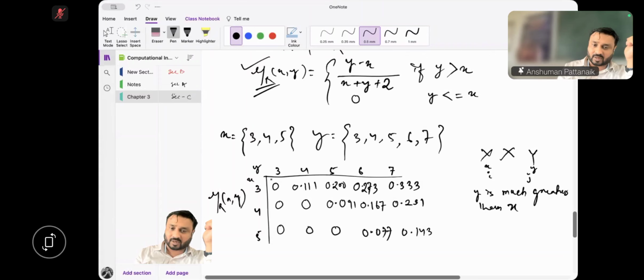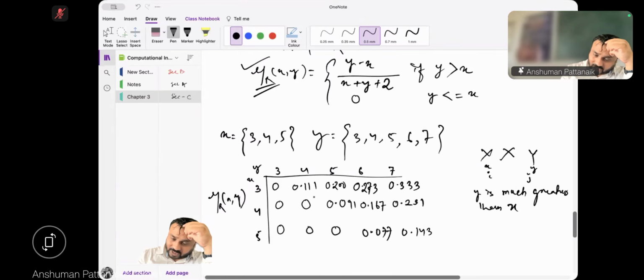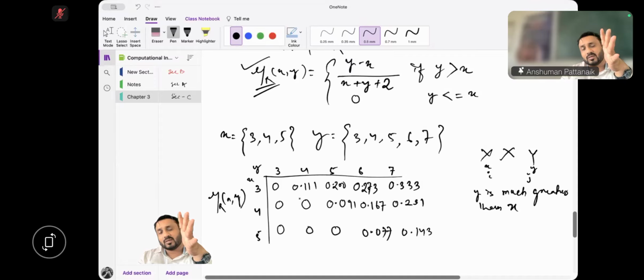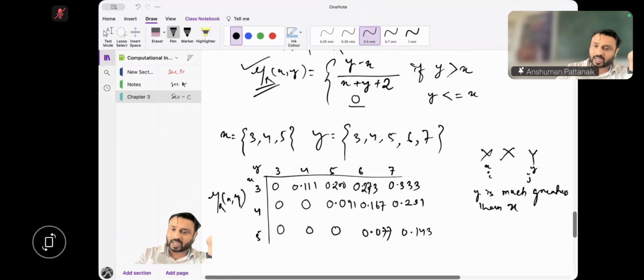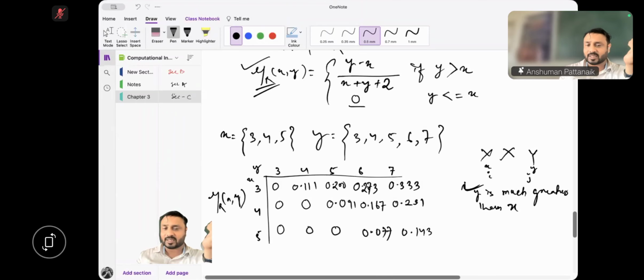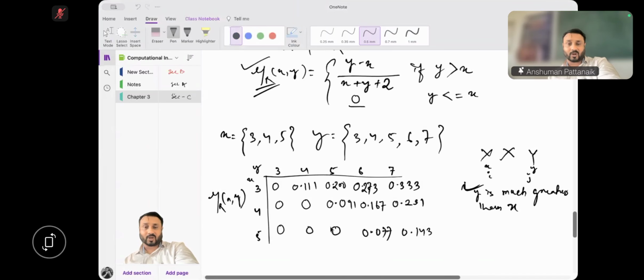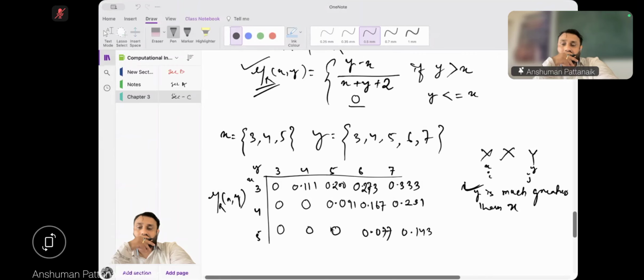Otherwise not, because x का value जब भी y से छोटा होगा तब value generate हो रहा है. x का value जब भी equal या बड़ा होगा from y, then it is 0. तो x के value से y का value हमेशा larger रहेगा. This can be the relation. Are you following? Yes, sir. This is the observation.